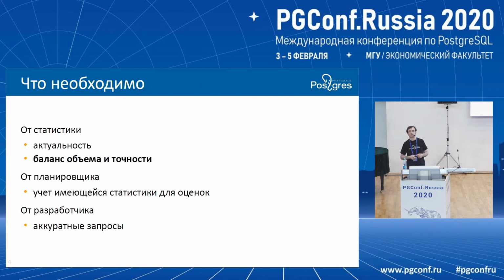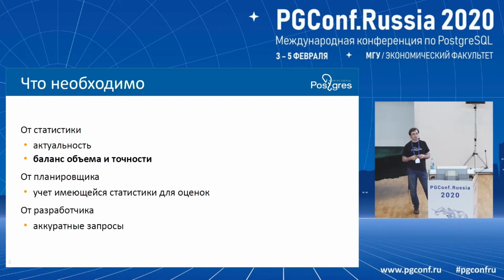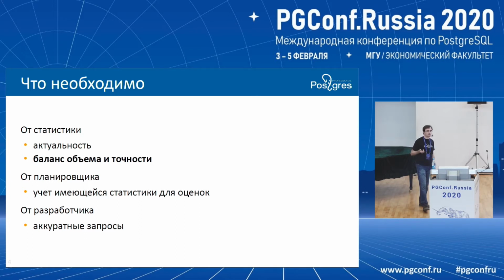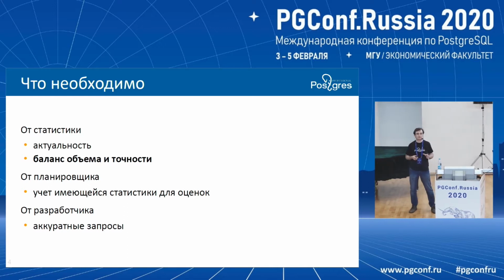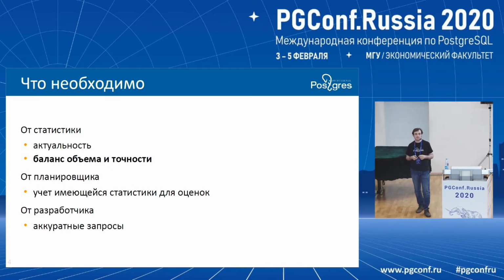Accordingly, if we need a good plan of query execution, then we need good statistics, because this is the basis. What is good statistics? First of all, it's up-to-date statistics, because data changes in time, and the statistical data must show us the current condition. Otherwise, it doesn't make sense. And this is why we need a certain balance.